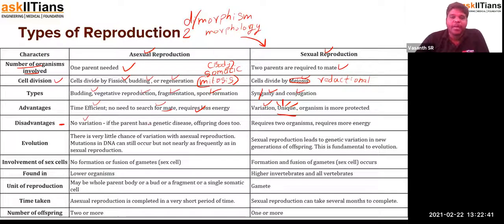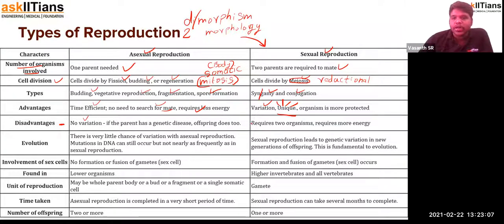And if the parent has a genetic disease, with no variation it will be passed down to the next generation again and again. So that is going to be a major problem. There will be very little possibility from an evolutionary perspective, and the new characteristic combinations produced will be very few.